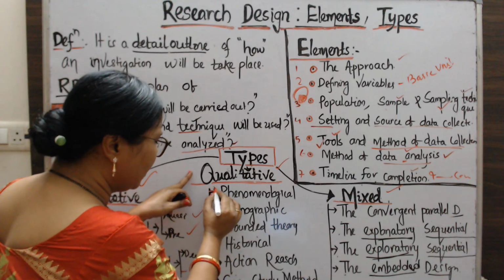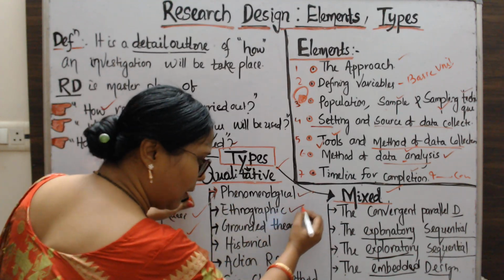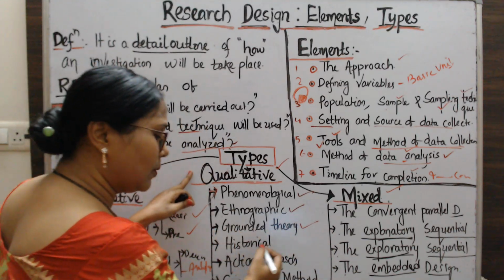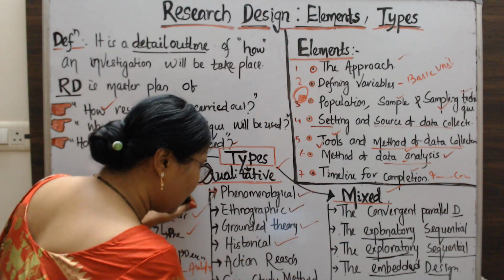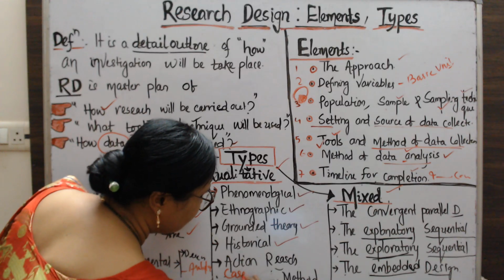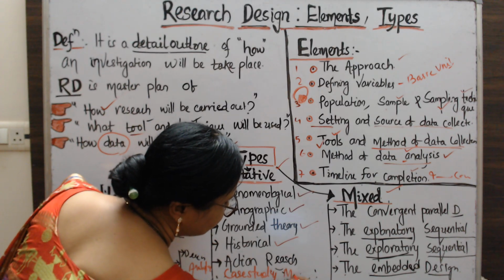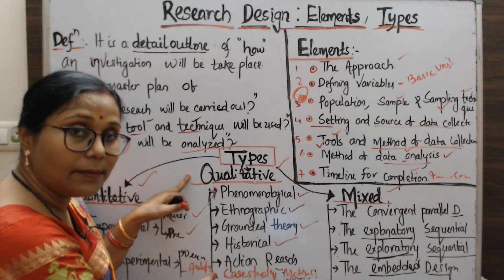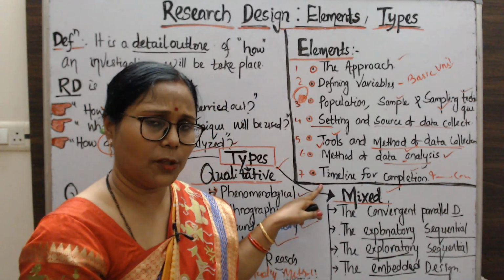Under qualitative research, one is the phenomenological, second is ethnographic methods, next is grounded theory, fourth is the historical research design, next is action research design, and the last one is the case study method. So these come under the qualitative research design.